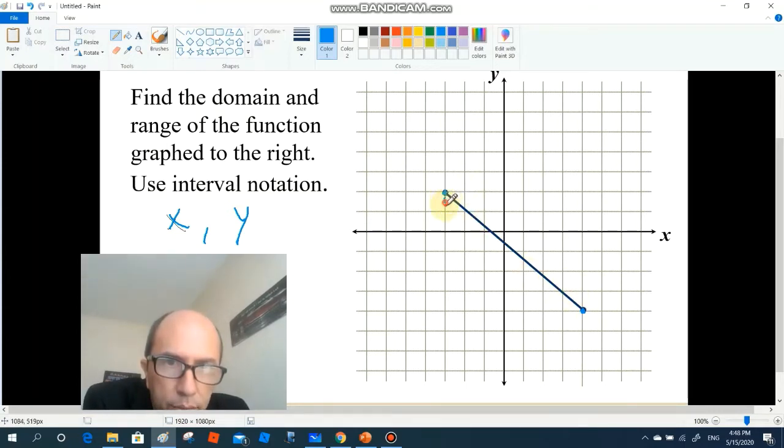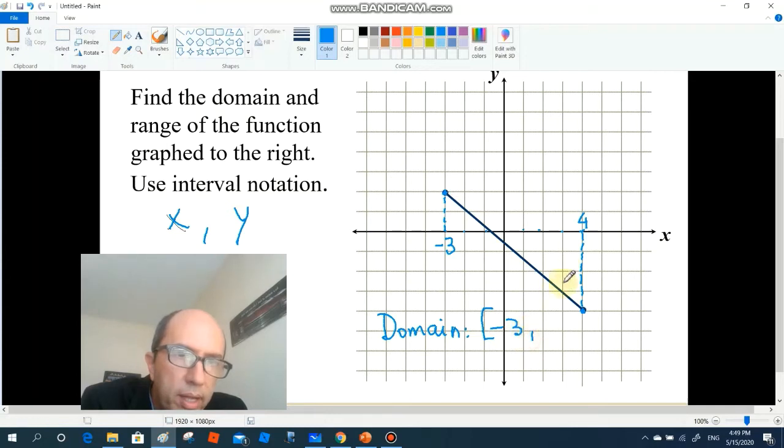The x is going to start here, and let's say it is -3 here, right? 1, 2, 3, -3, and it is going to end there. 1, 2, 3, 4. That means the domain starts on -3 and ends on 4.